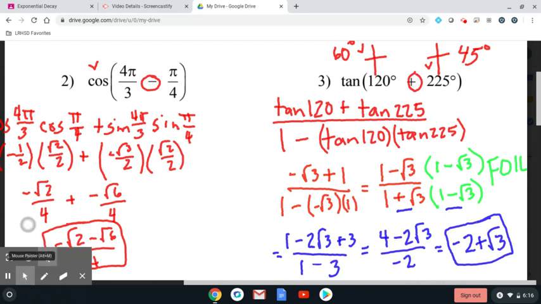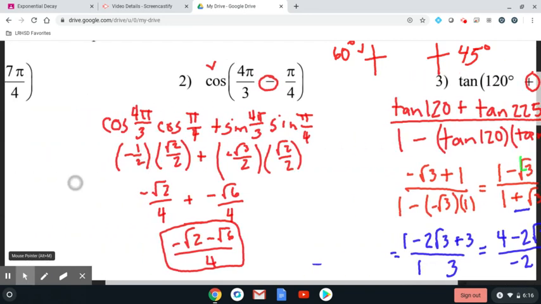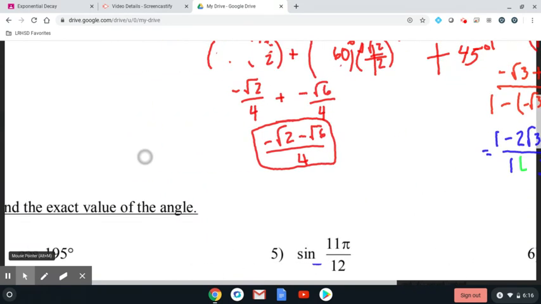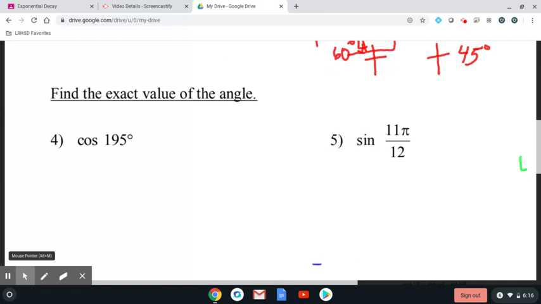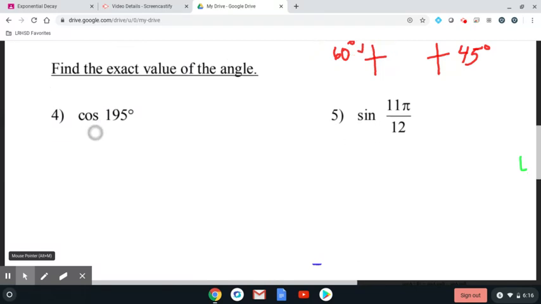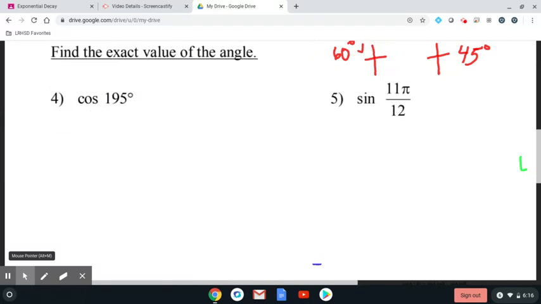Okay, all right, so let's look at the next section of problems. I'll try to get there and show you guys the directions. All right, so for problems 4, 5, and 6, what you guys had to do is find the exact value of the angle. Now, remember, we're using these identities really for this purpose because we try to find the exact values of angles that aren't special angles.